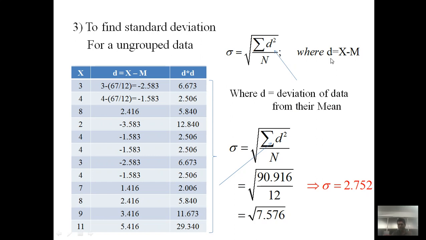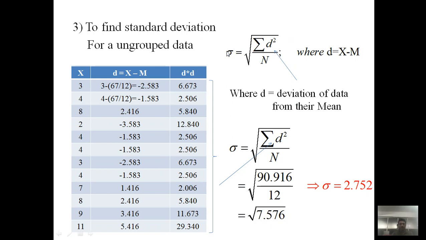So d is equal to x minus M, where x is the given data xi and capital M stands for the mean. As you wish, you can also write the symbol mu, because mu also represents the mean, and some authors use x bar. As per your convenience, you can write mu, x bar or mean. So the deviation is d equal to x minus M.